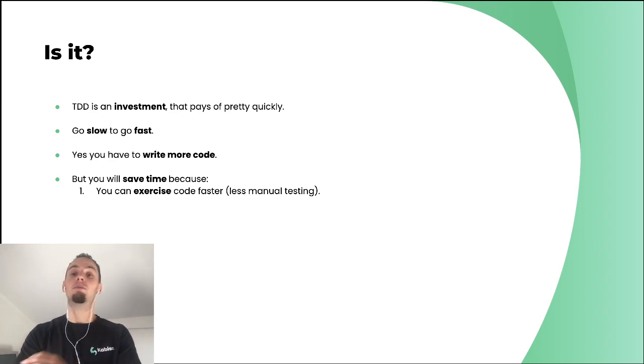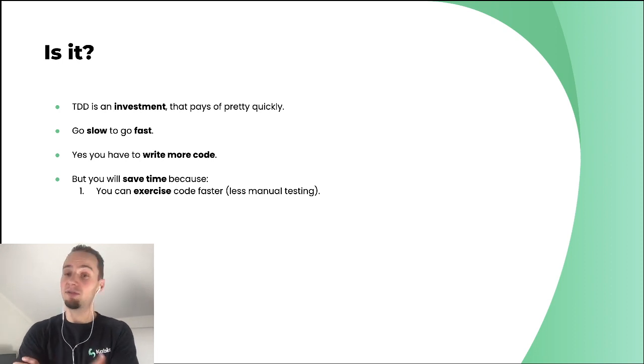Especially if you're working on a UI application, such as a mobile app, if you're working on some functionality that is somewhere deep in the app, you first have to log in, you have to go through a few screens. Then if you don't have a test suite in place, you need to do these steps many, many times during development, just to verify that what you're building is actually working.